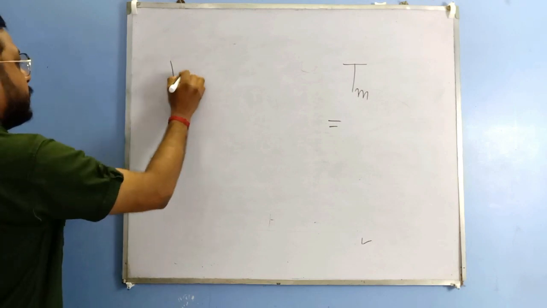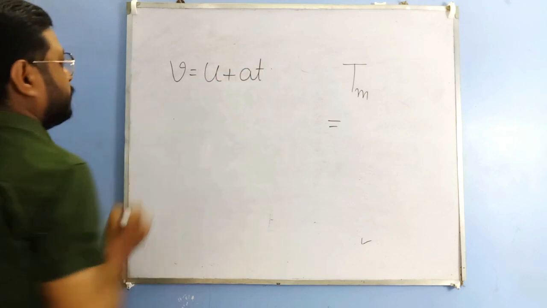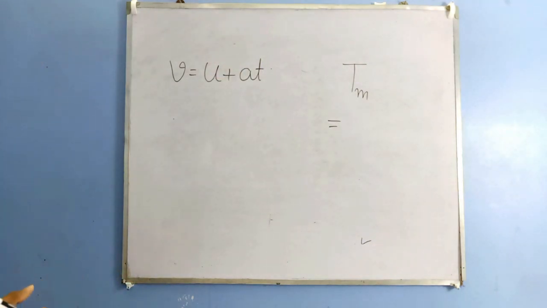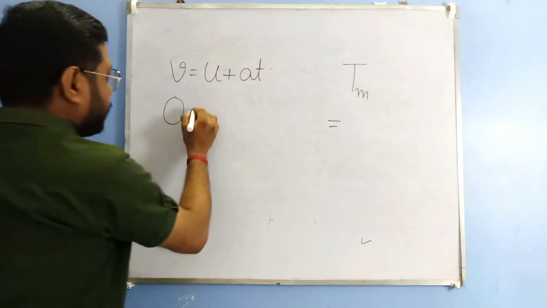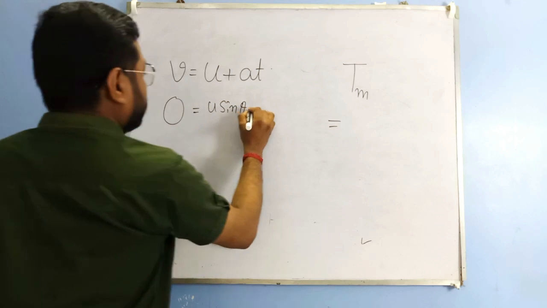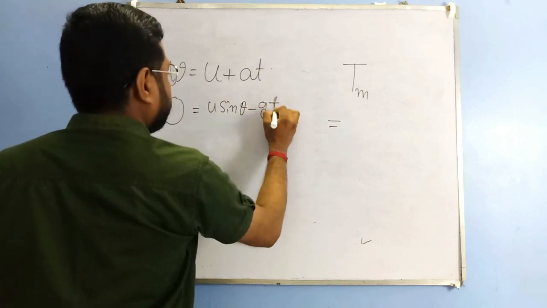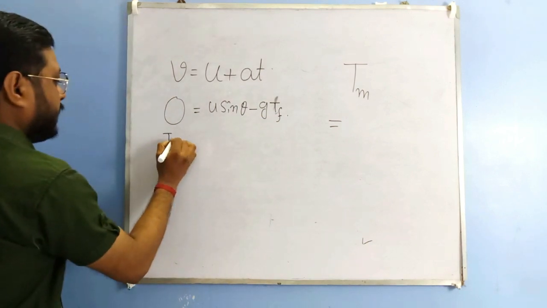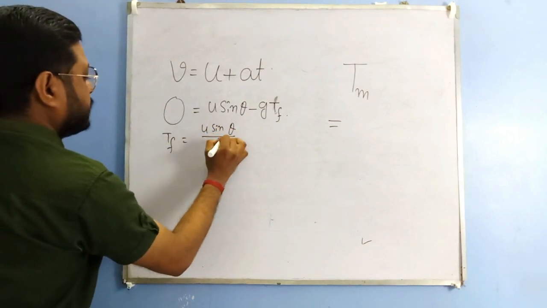If we take the equation v equal to u plus at, then at maximum height v equal to 0, u equal to u sin theta, a equal to minus g. Therefore Tf equal to u sin theta divided by g.